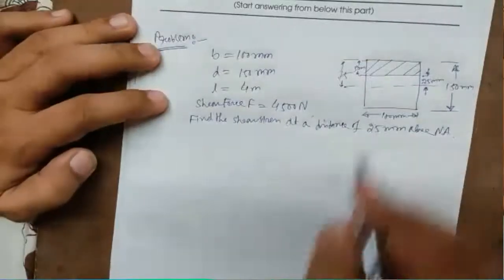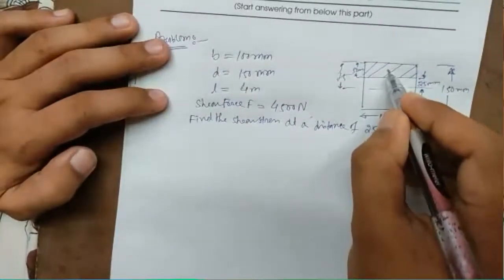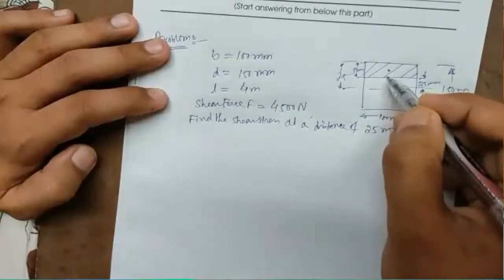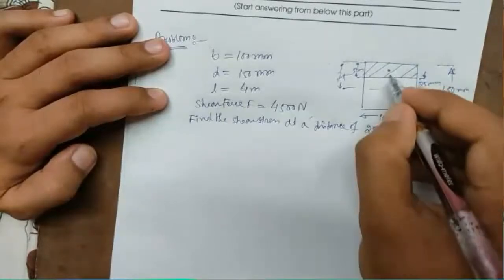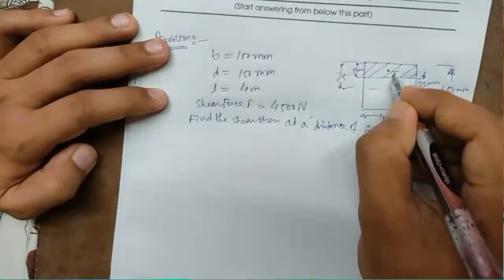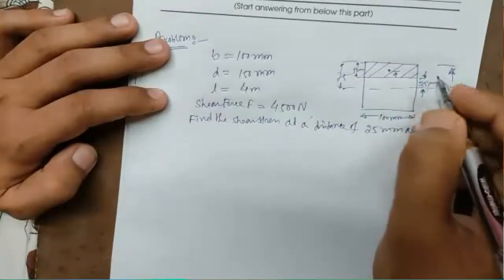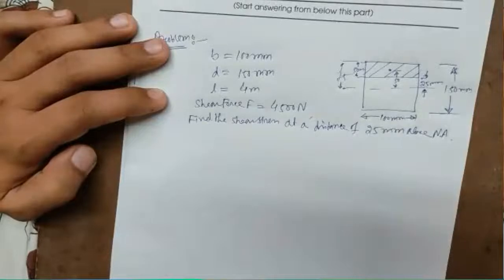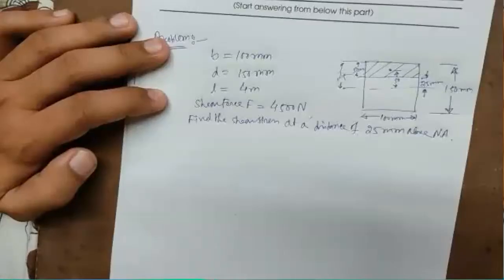If this is 50, the CG will be here. The CG will be how much? This will be 25, this will be 25. So the Y bar will actually be 50. From the image we can understand Y bar will be 50.